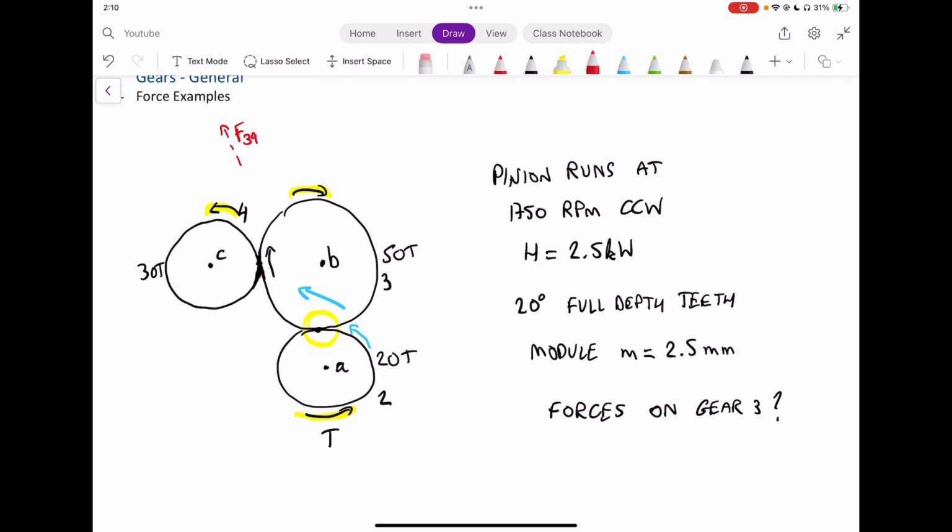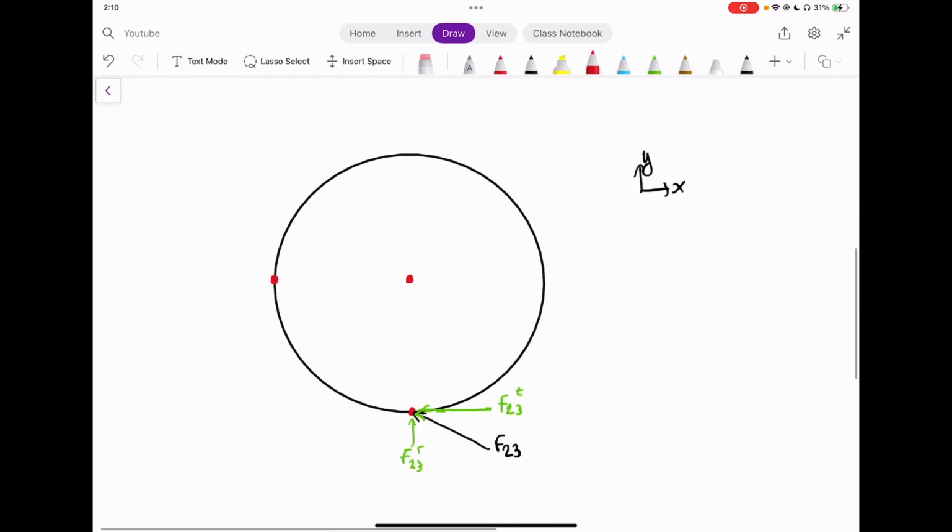So that means that the force of 4 onto 3, or the resisting force of 4 onto 3, is actually the opposite. So F43 is actually going in the bottom right direction. So we're going to draw it on the diagram as well. Let me draw it in black here. So we have a force of 4 onto 3 going in this direction.